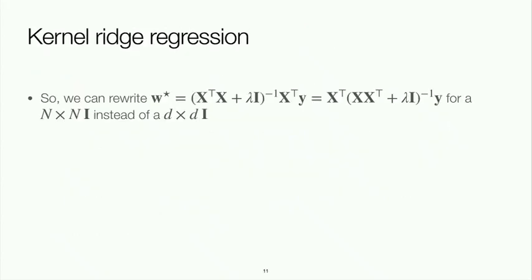So let's go ahead and do that. We've rewritten our W star as X transpose times XX transpose plus lambda I inverse, times Y, for an n by n identity matrix rather than a d by d identity matrix, okay? So now my question is, what is XX transpose?